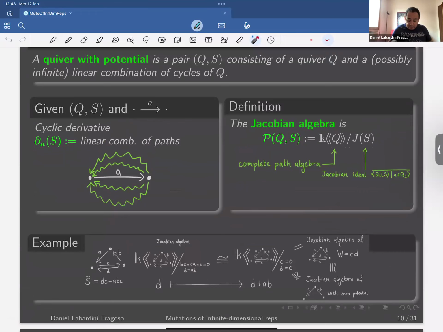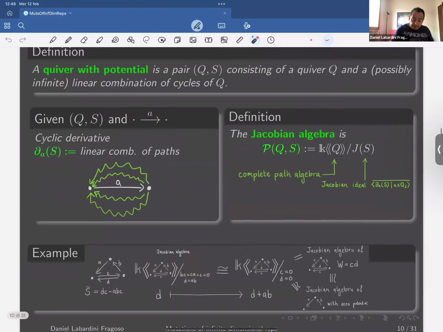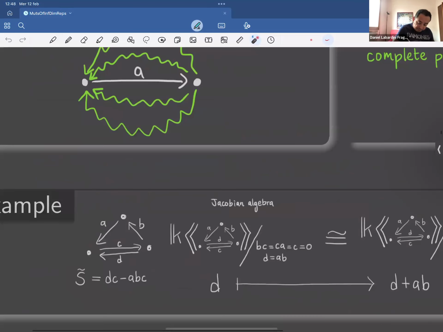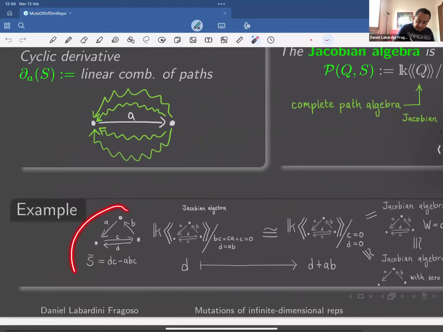So as an example, here is a quiver with potential. Of course, the potential I'm calling S tilde, but it's anyway a quiver with a potential.